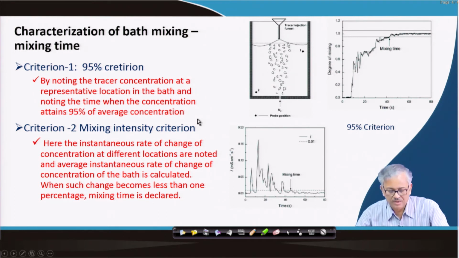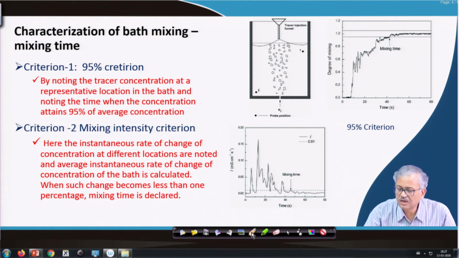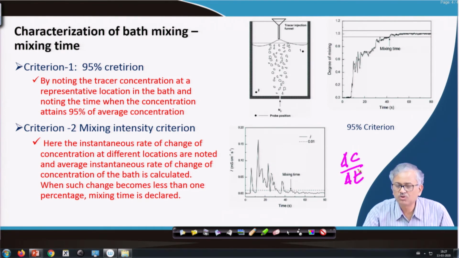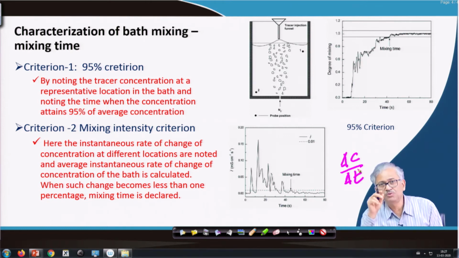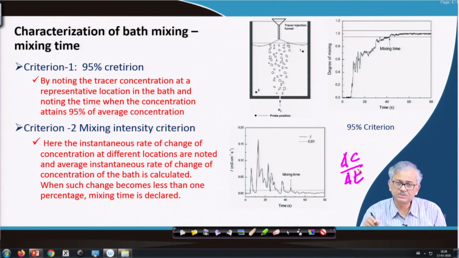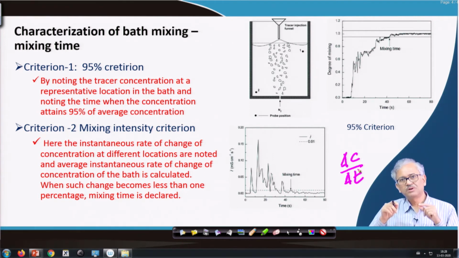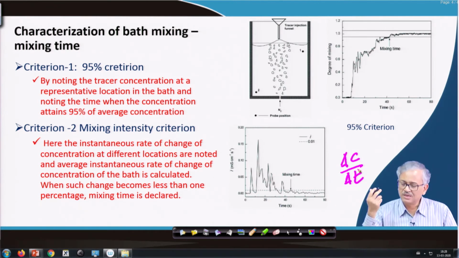Instead of the concentration, you measure delta C by delta T, the rate of change of concentration at a particular location between two consecutive times, T and T plus delta T. When the concentration at a particular location doesn't change between two successive times, that is, when delta C by delta T is less than 1%, then you can say that mixing has taken place.